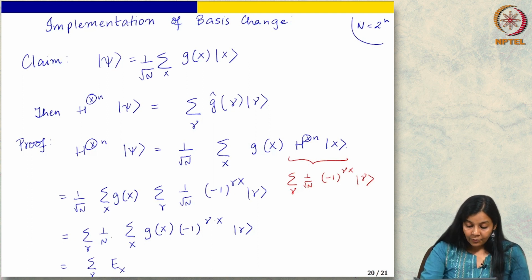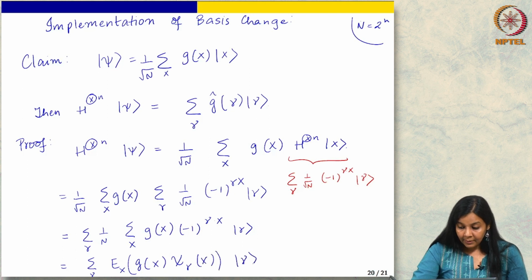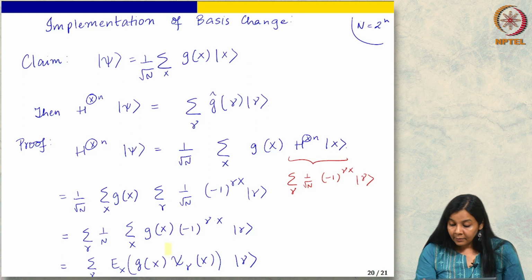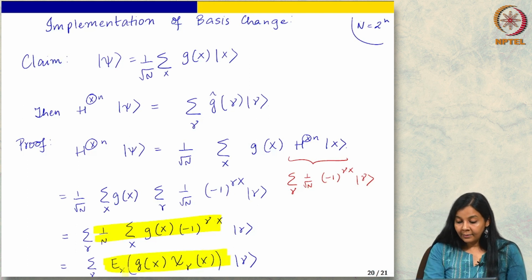g of x and chi gamma of x. Does everyone agree? So, this is just the definition of chi and the definition of expectation.